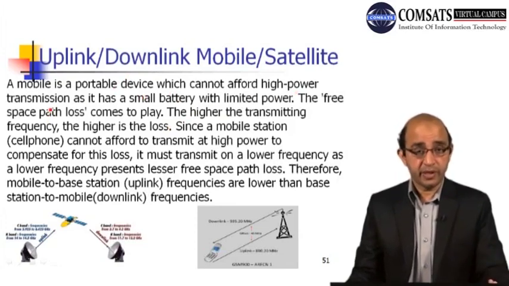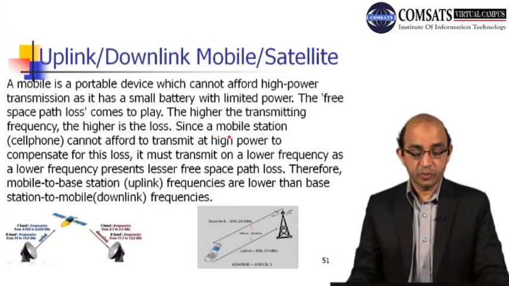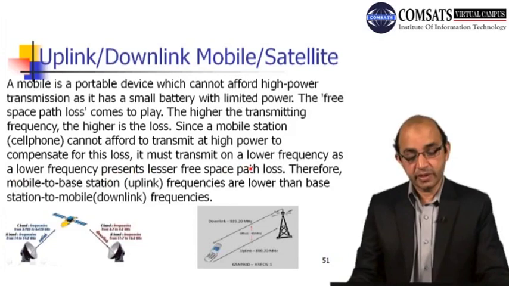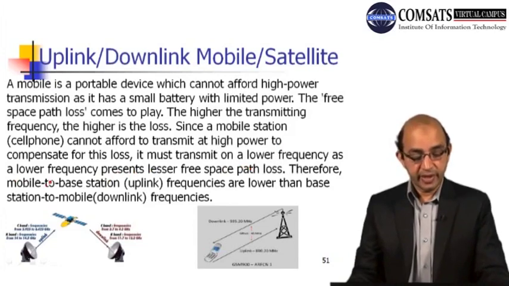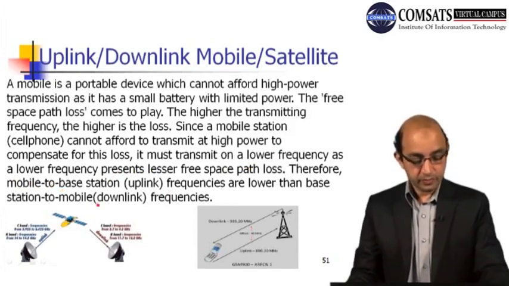With limited battery and limited power, the free space loss comes into play. The higher the transmitter frequency, the higher is the loss, and the cell phone cannot afford to transmit at higher power to compensate for this loss, right? So that's why it must transmit on a low frequency as opposed to the base station.